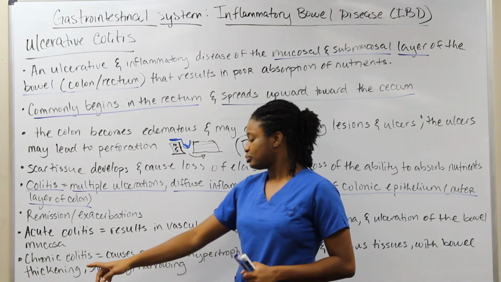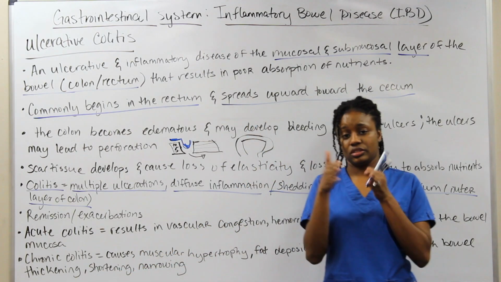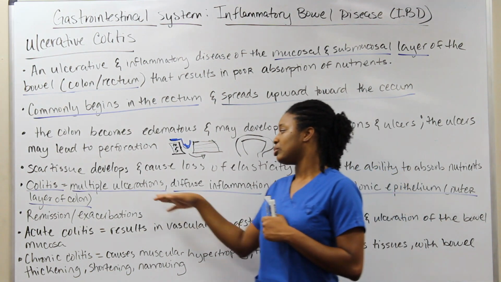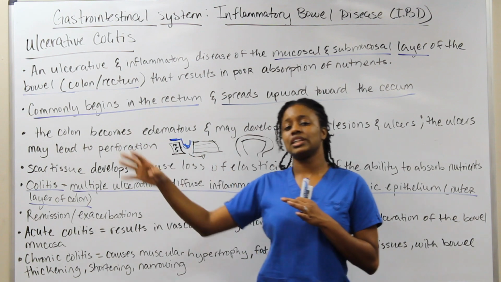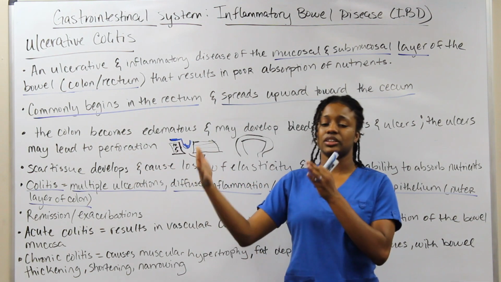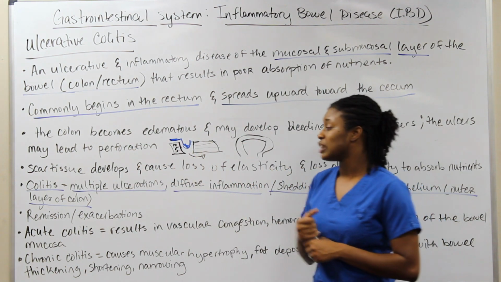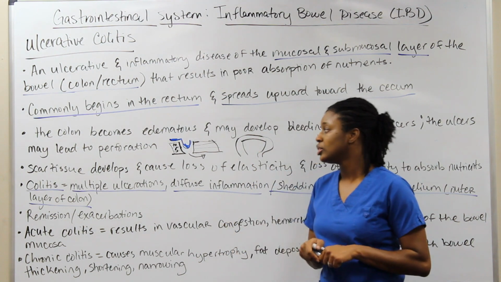And then it can be shortened, because now you have certain areas where the body can't even absorb, so it doesn't function properly. So the bowels have been shortened of their function.